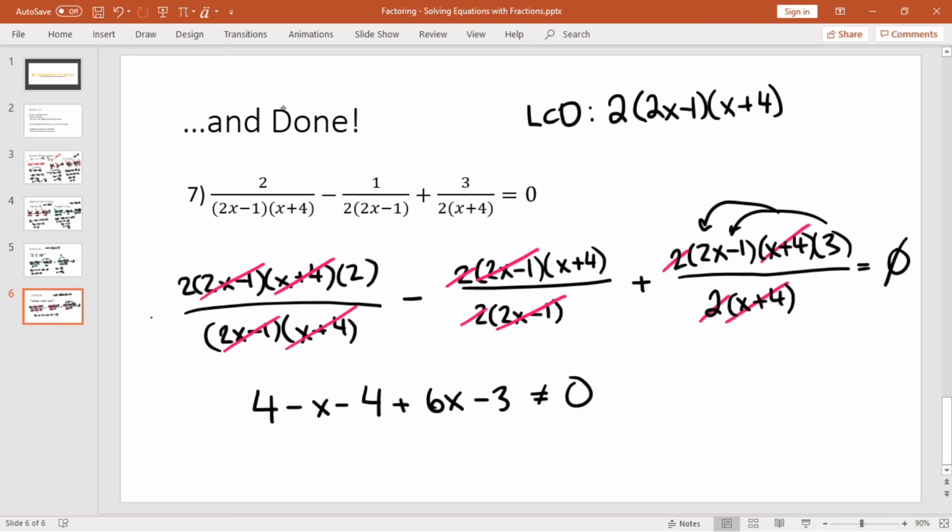Okay, so we've got 5x, 4 minus 4, minus 3 equals 0, 5x equals 3, and x equals 3 over 5.